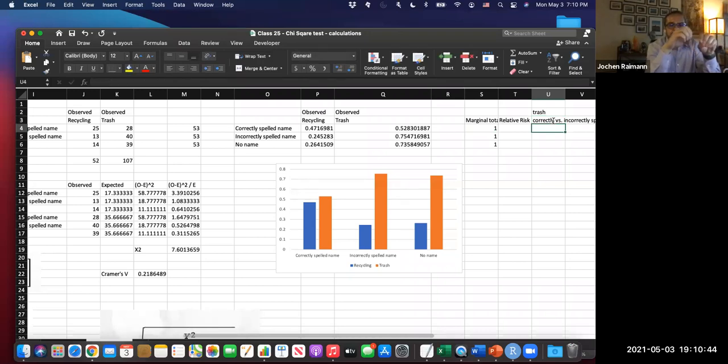You're just interested: if somebody gets an incorrect spelling on the cup, how likely will it be that he or she will trash the cup?